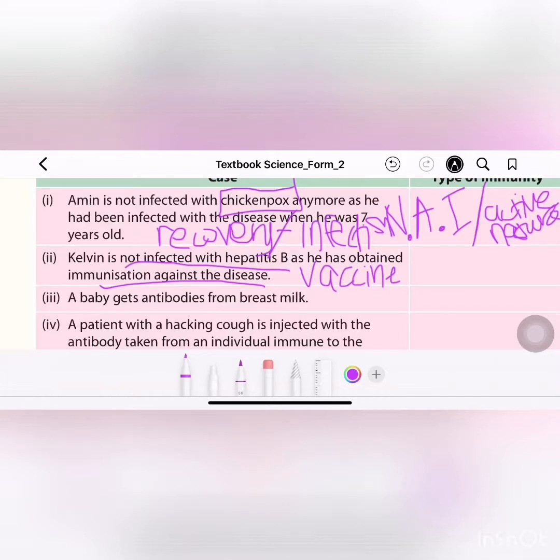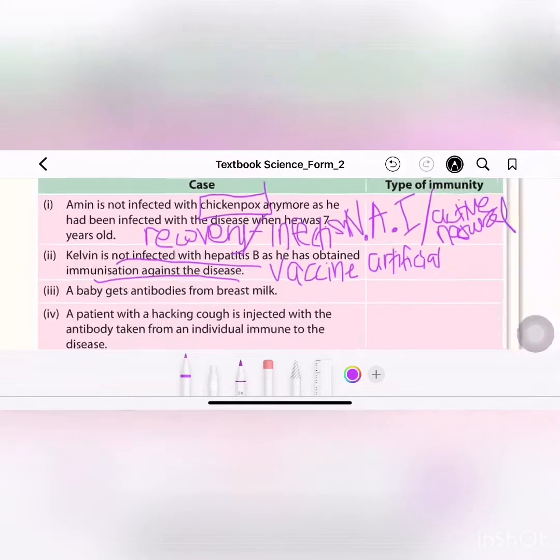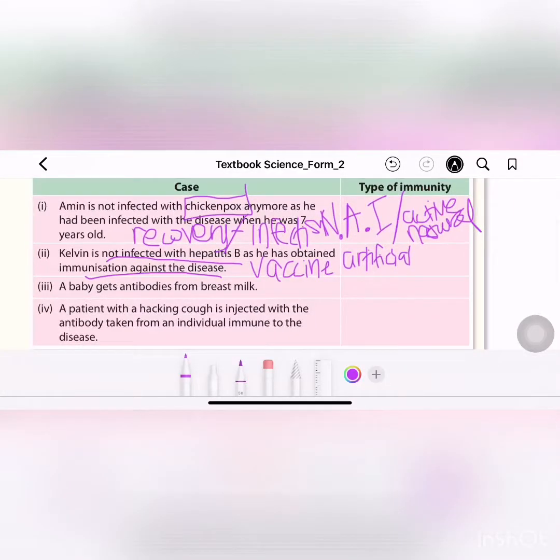When you mention vaccine, this is artificial. Why is it artificial? Artificial means anything injected inside your body is artificial. Artificial, active.